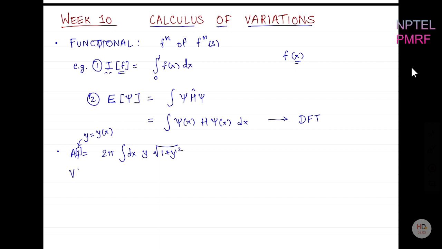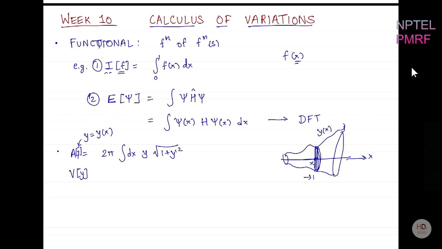Similarly, you can write the volume of y. Say y of x looks like this. Then the volume after rotating it about the x-axis would be as follows. Let's say we are at the point x, and between x and x plus dx, you have this circular disk.